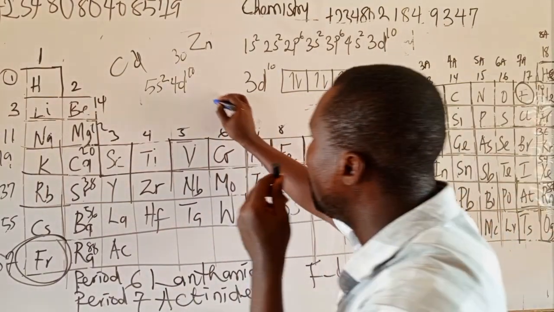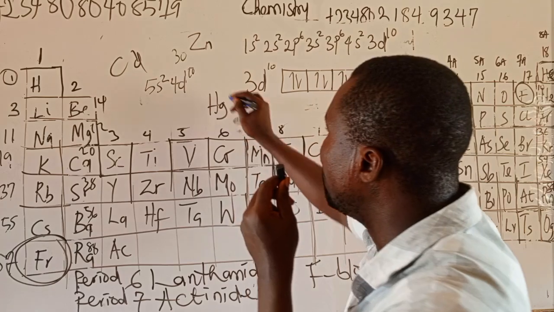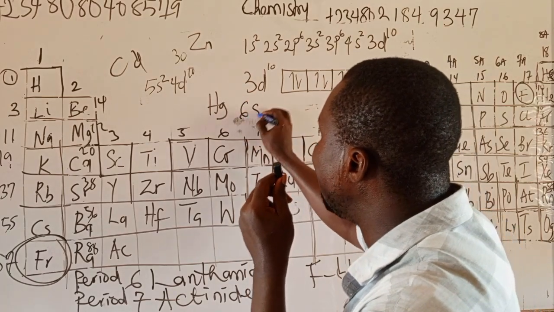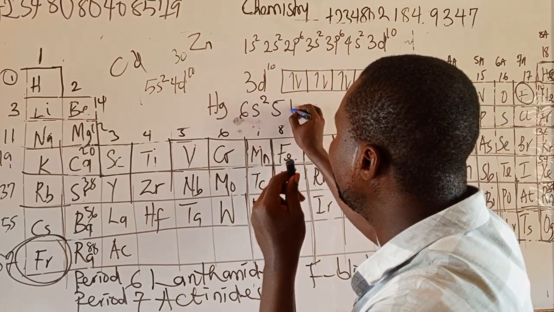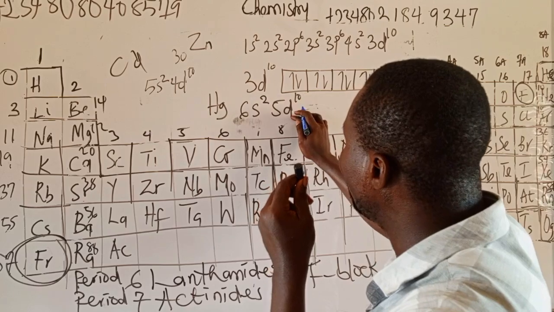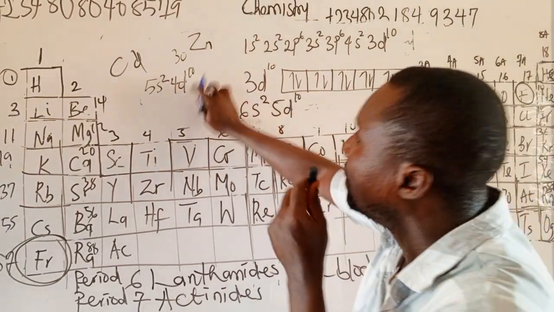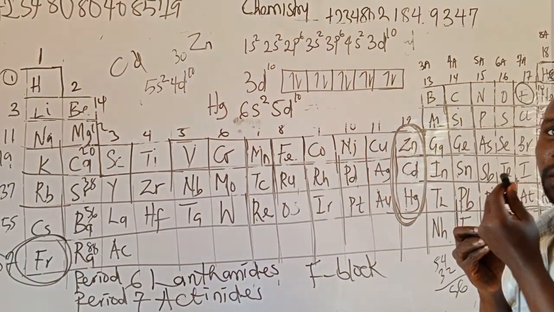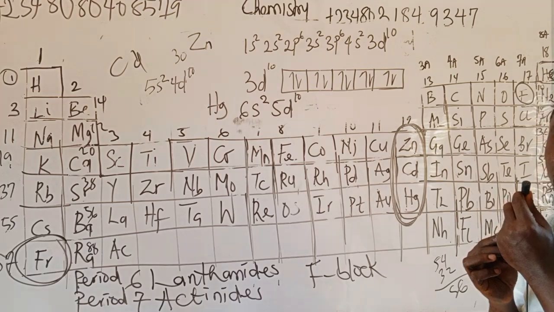For mercury, you will have 6s2, 5d10. The d orbital is fully filled, so they are not transition metals.